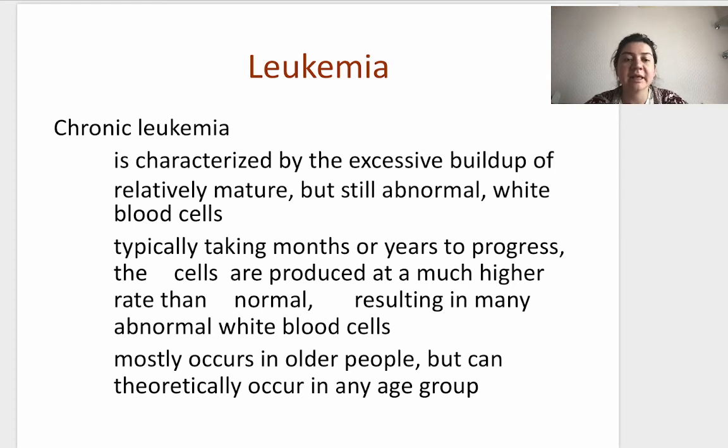It typically takes months or years to progress. That's why we name them chronic. The cells are produced at a much higher rate than normal, resulting in many abnormal white blood cells. Mostly occurs in older people, but can theoretically occur in any age group.